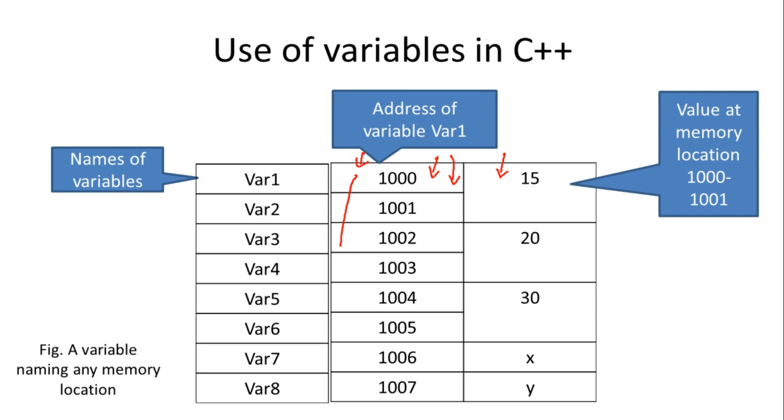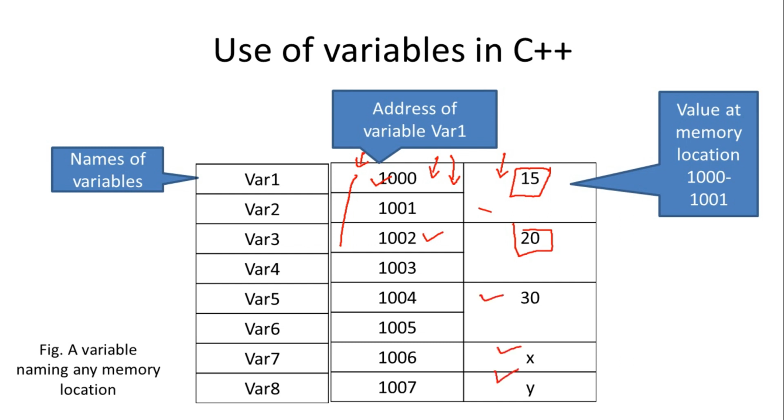So we can say that 15 is the value stored at location 1000. Then 20 is the value stored at location 1002. Similarly, there are three more values, that is 30, then x, and then y.